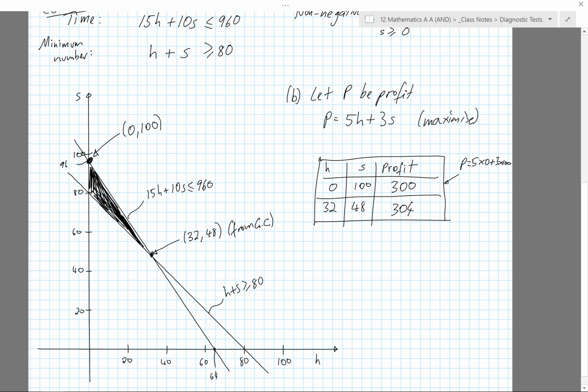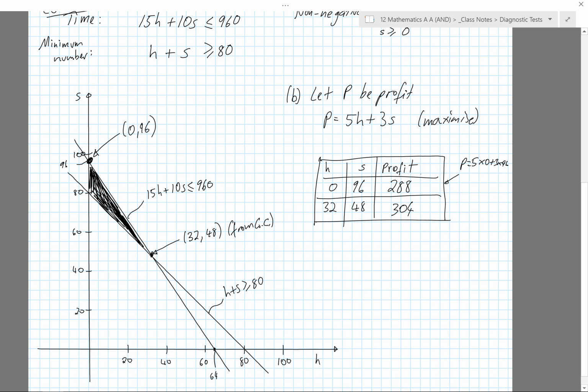Okay, actually made a little mistake. That point isn't 0, 100, is it? It's actually 0, 96. Okay, so it should be 3 times 96, okay, which will get me 288.